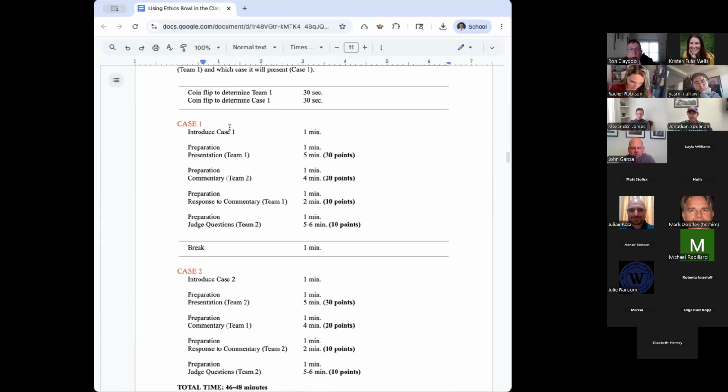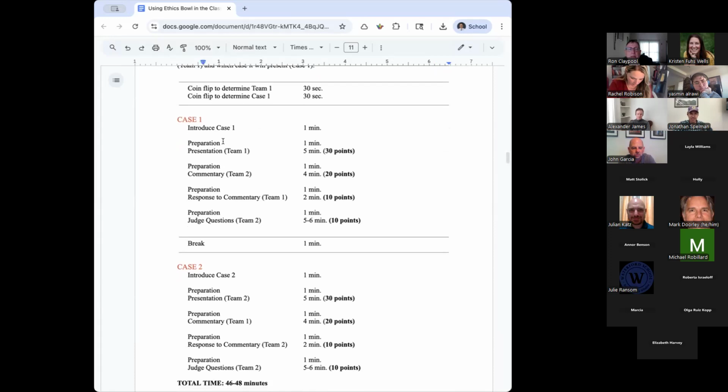It's just randomized, and then we introduce the case. We gave them a minute in between each section. The presentation was 5 minutes, the commentary 4, the response 2, and then the judges' questions, which were my questions, were 5 or 6 minutes, and then we just flipped.